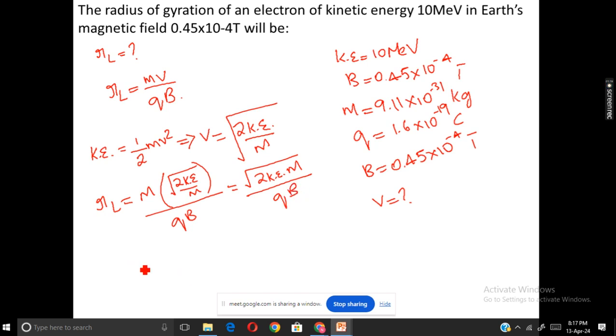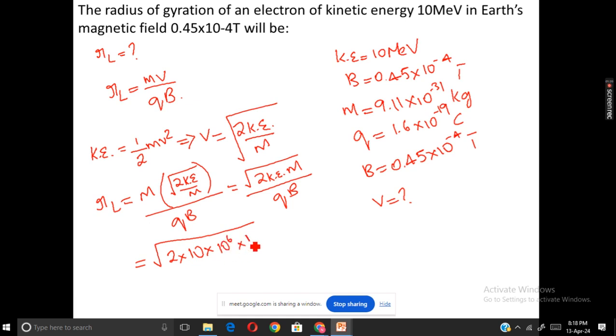Now we know the values of all parameters. So it will be root of 2 into kinetic energy, which is 10 mega electron volt, which will be 10 into 10 raised to 6 into electron volt.